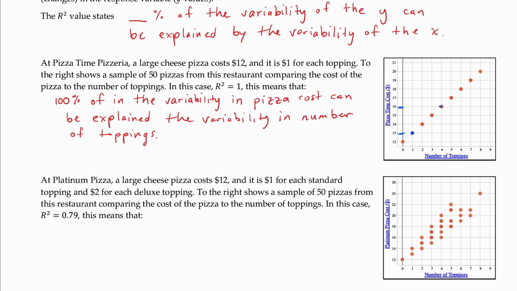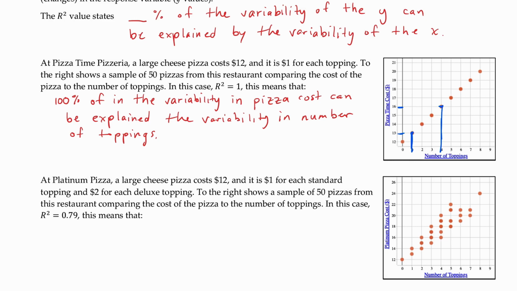And you were like, oh, cool. I paid $16 instead. Oh, what would explain that difference there between these? Well, there's only one thing that could explain that, which is you got 3 more toppings than me. 100% of the difference in our pizza costs is explained by how many toppings we got. There's nothing else that could explain that. All right. So that's an interpretation here for like 100%.